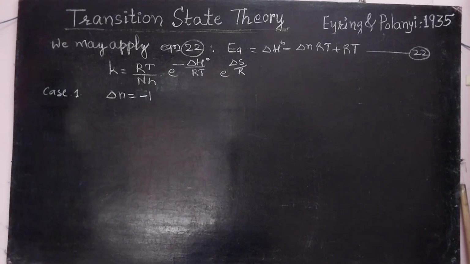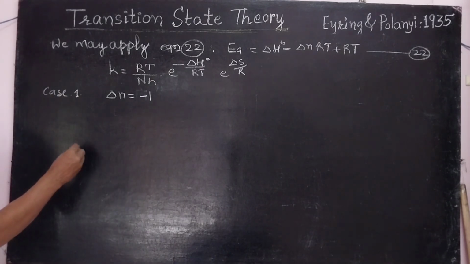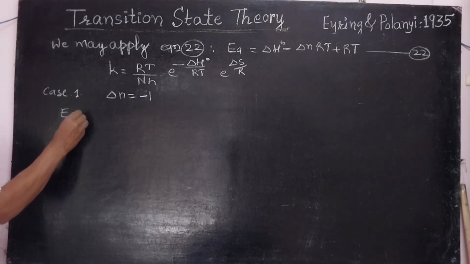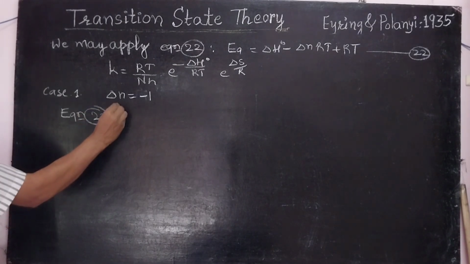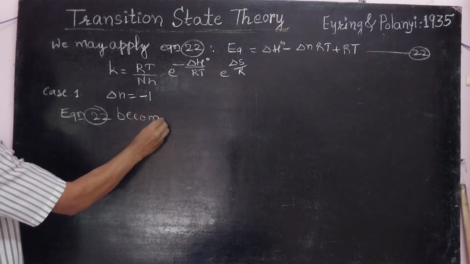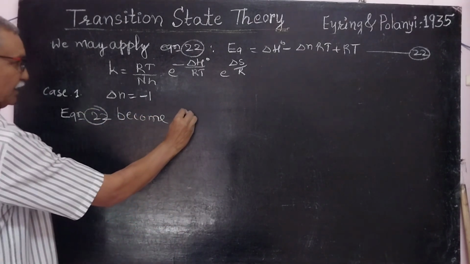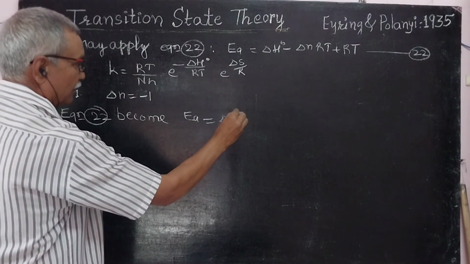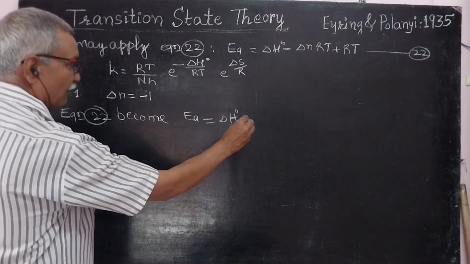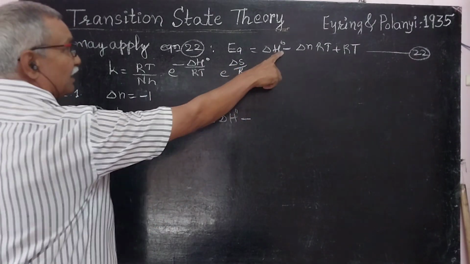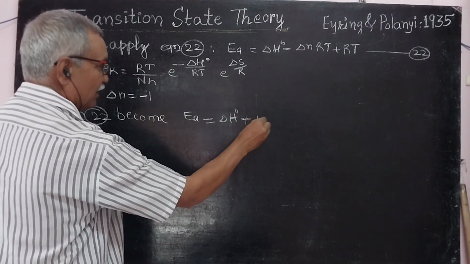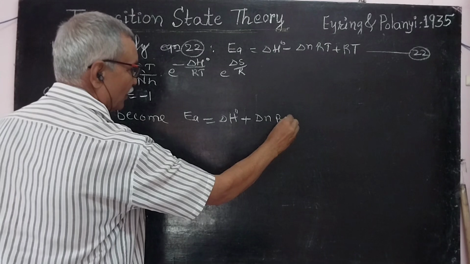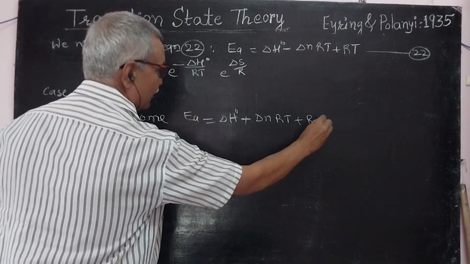Then equation 22 becomes EA equal to delta H star minus delta N into RT plus RT.